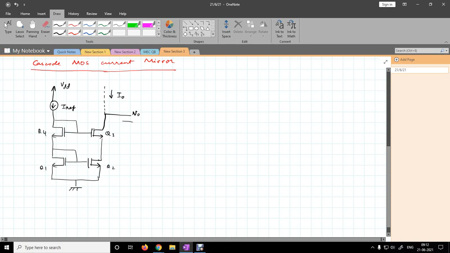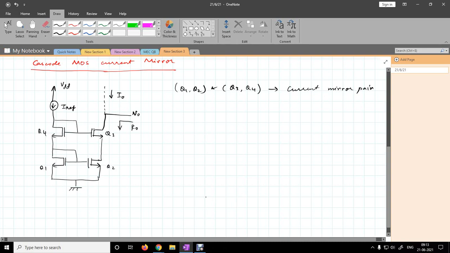The impedance seen in this direction I will call R0, the output impedance. So here Q1, Q2, Q3, Q4. Q1, Q2 and Q3, Q4 form the current mirror pairs.